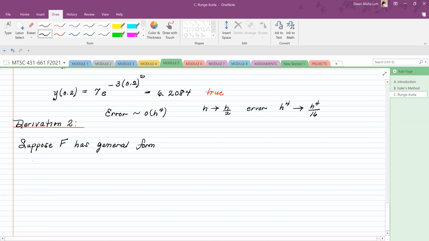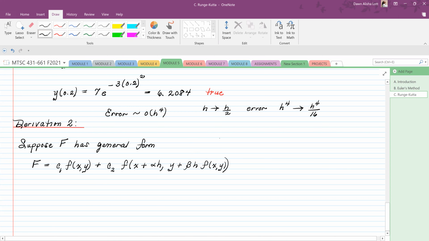So capital F is going to look like C1 times f of x, y plus C2 times f of x plus alpha times h, comma, y plus beta times h times f of x, y.